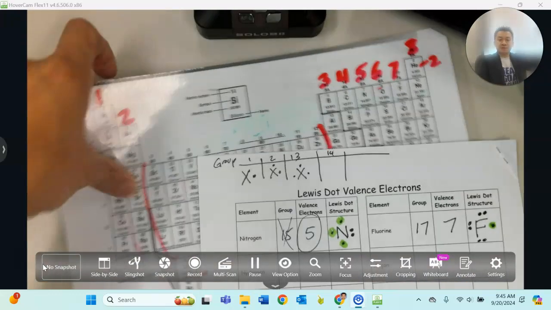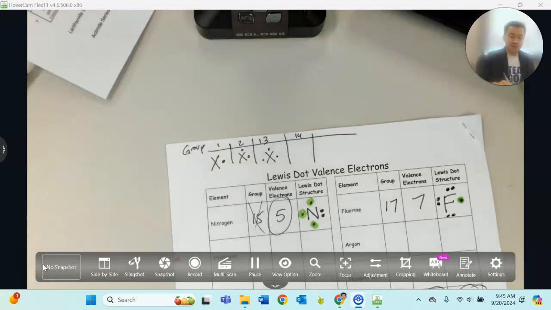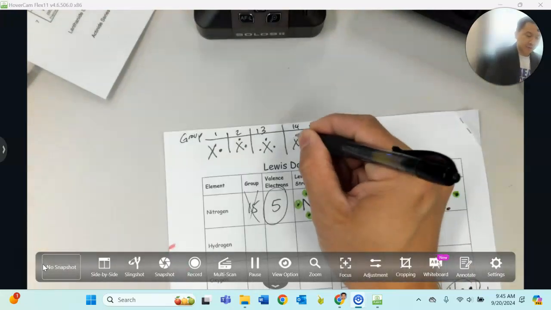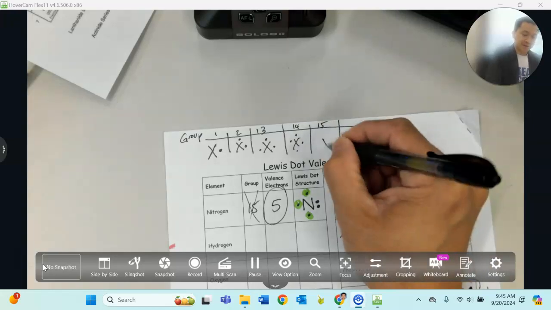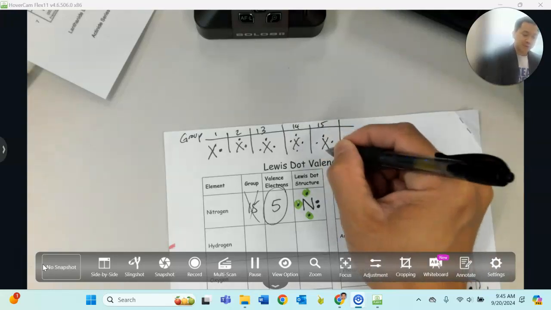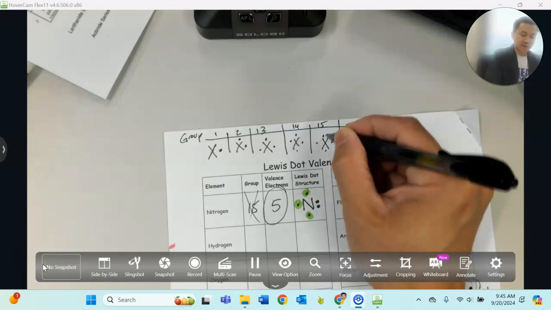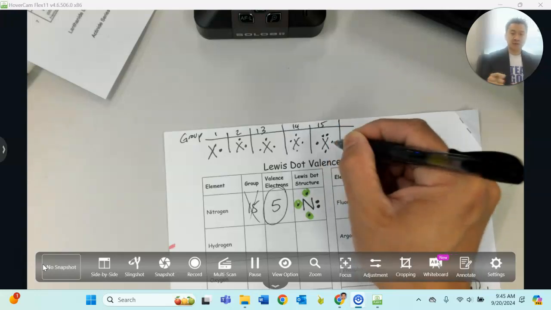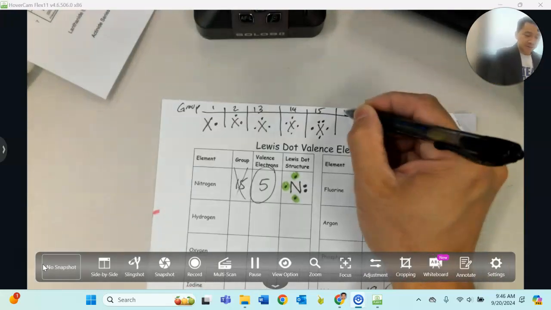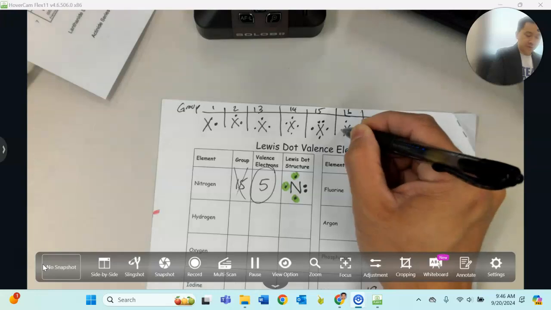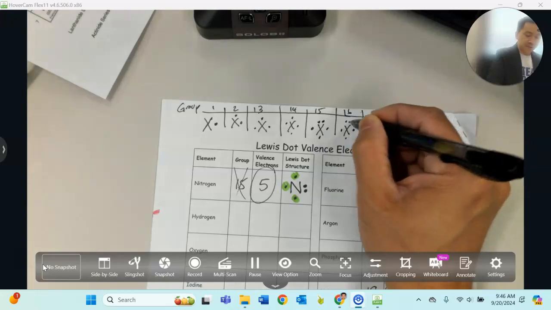Group 14 will have 1, 2, 3, 4. Group 15 will have 1, 2, 3, 4, and then you start pairing. It doesn't matter where you start the pair; you can put the pair on top, that's fine. So there are 3 singles. Group 16 has 1, 2, 3, 4, then 2 pairs and 2 singles.